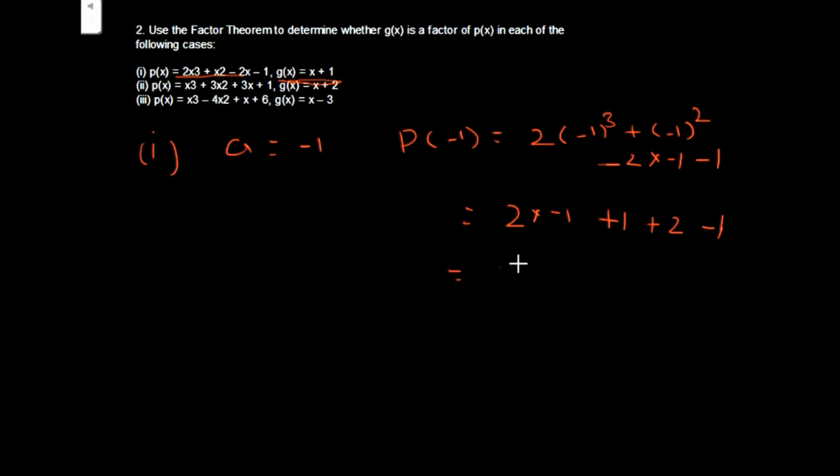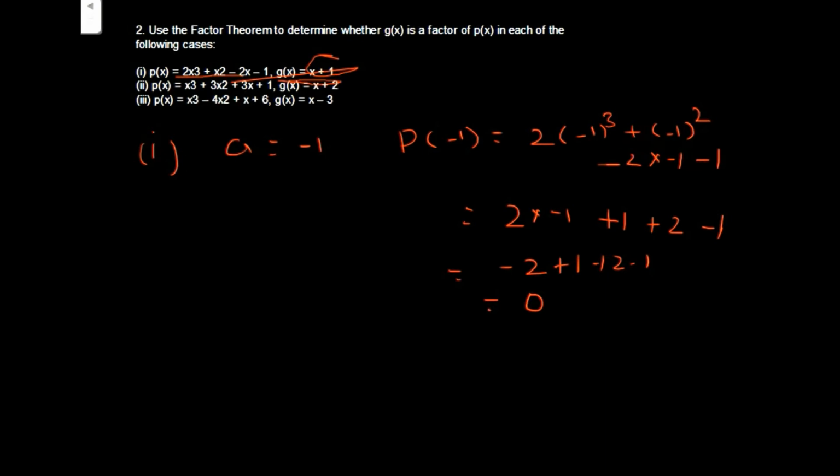So, minus 2 plus 1 plus 2 minus 1, which is equal to 0. So, this means x plus 1 is a factor of 2x cube plus x square minus 2x minus 1. So, this is the first case.